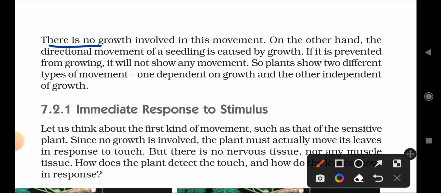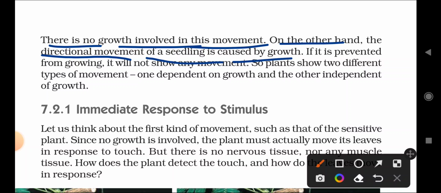There is no growth involved in this movement. When we touch the leaf of a sensitive plant, it folds up. This folding is not a growth-related movement, because that part is not suddenly growing. On the other hand, the directional movement of a seedling is caused by growth.